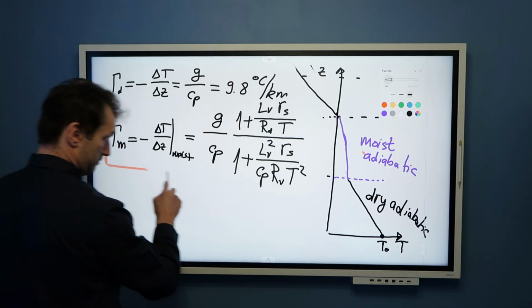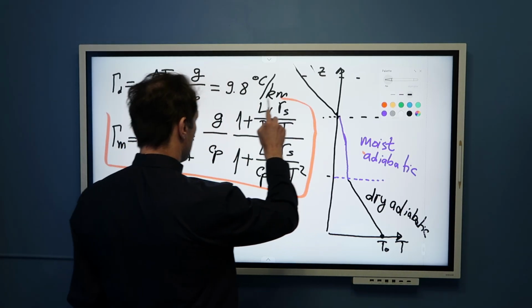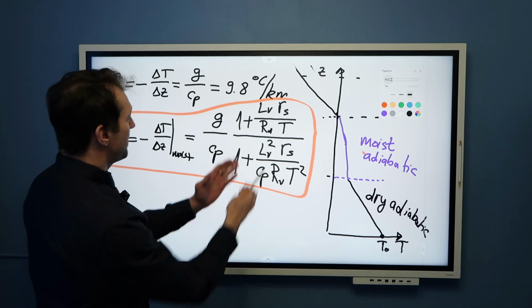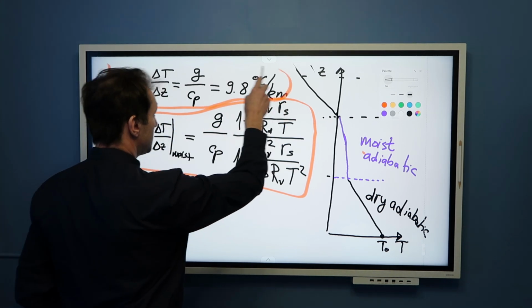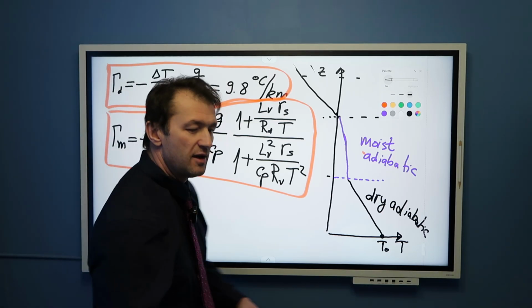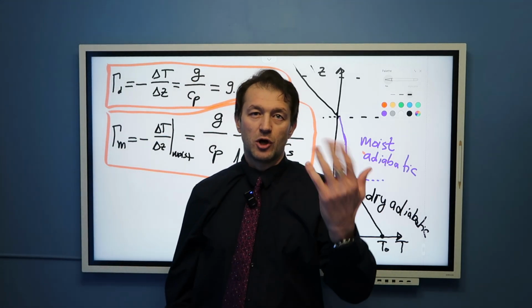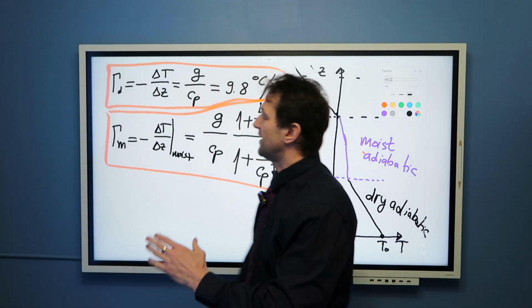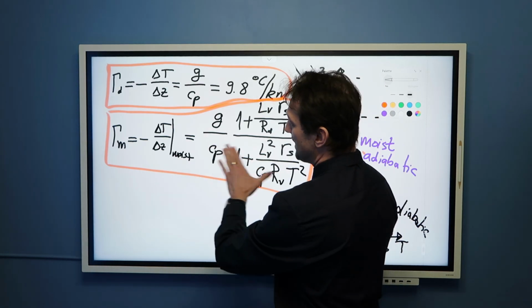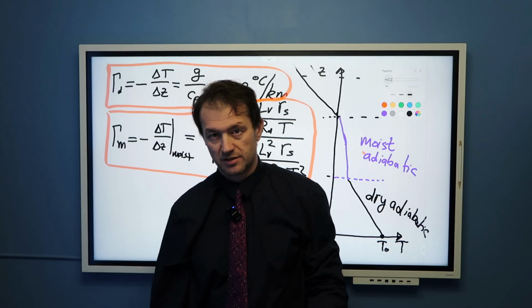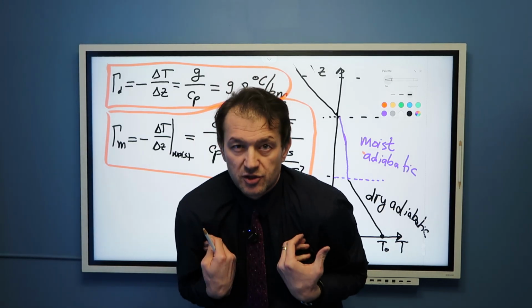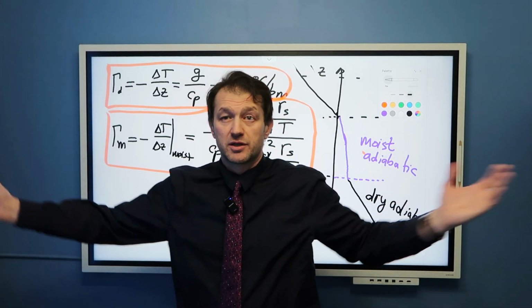You say, oh my God, this is much more complicated than this. You are very right, this is much more complicated than that. But we are learning through the last few videos that moist adiabatic processes are much more complicated than dry adiabatic processes. It's not my fault, that's how nature works.